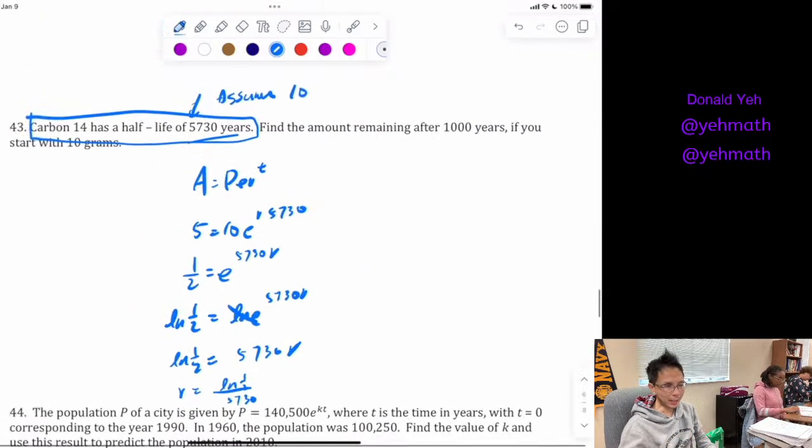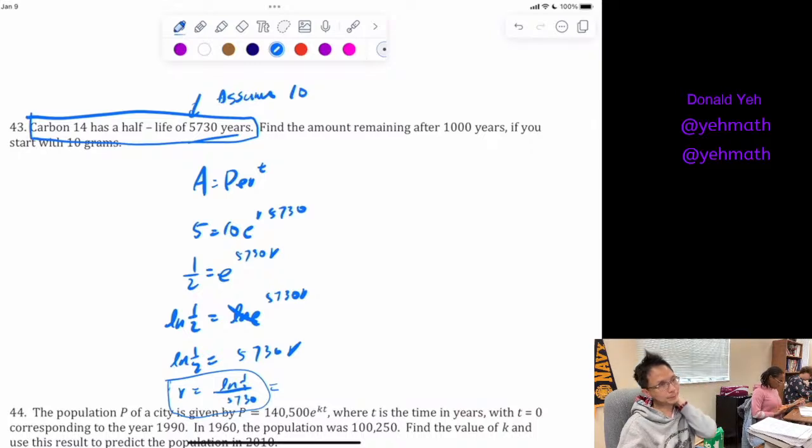So once you get this r, you can type it in the calculator. Can somebody work out a calculated number for me? Natural log of half, divided by 5,730. It's going to be a kind of small value.